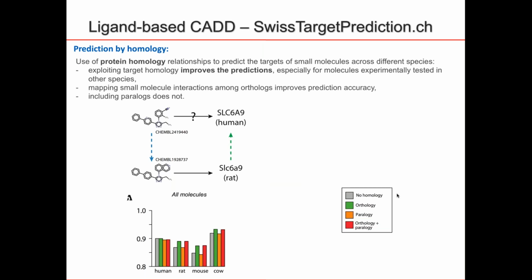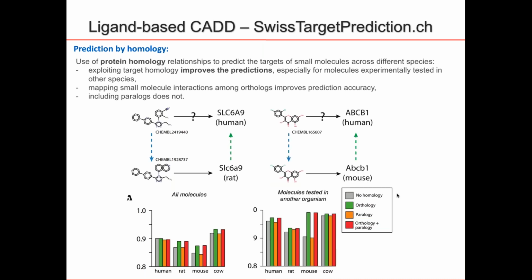If you are working on an organism for which not a lot of molecules have been tested, you can capitalize on the different targets you can find in other organisms in our approach. So this is not only working with human, rat, mouse, and cow, but with whatever other organisms that you can see.